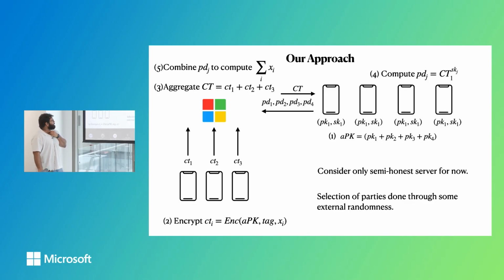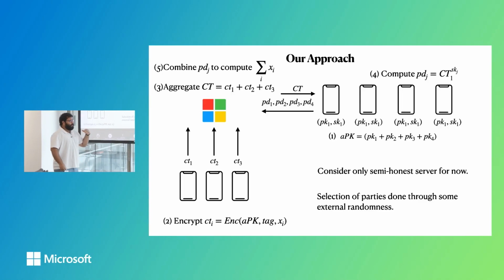Instead of using threshold encryption, I now use silent threshold encryption, which ensures that these parties can be selected at random, and once selected, they don't need to run a DKG. We can compute the aggregated public key for them on the fly. Okay, cool. So this was for semi-honest adversaries.